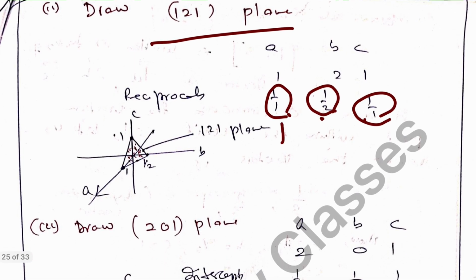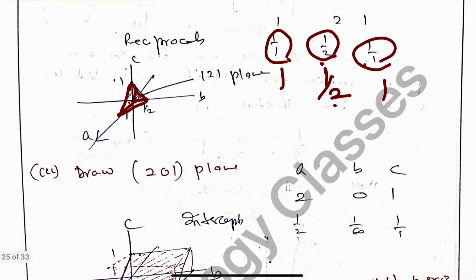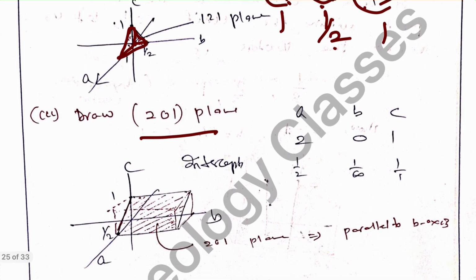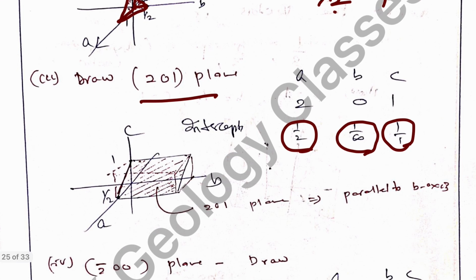These are the reciprocals, and the reciprocals are the intercepts. So it is 1, it is half, this is 1. So along a 1 unit, along b half unit, along c 1 unit. So this is the plane. Draw (2 0 1). So the intercept is half along a, infinity along b, 1 along c.